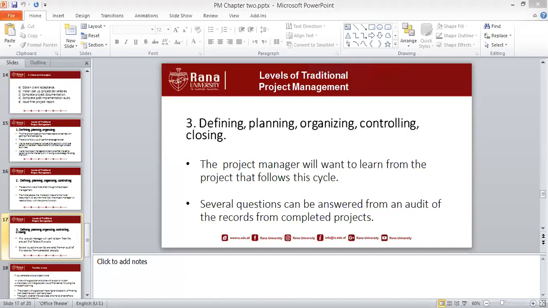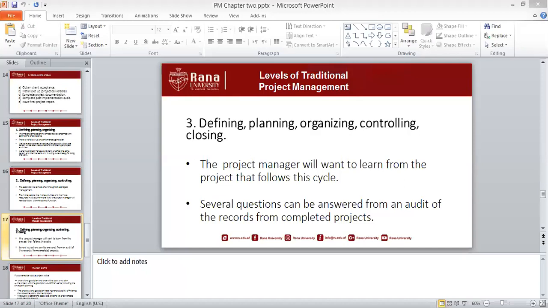The third level was when the project manager wants to learn from the current projects, and they archive the information for use in similar projects in the future. So he has to answer some questions.